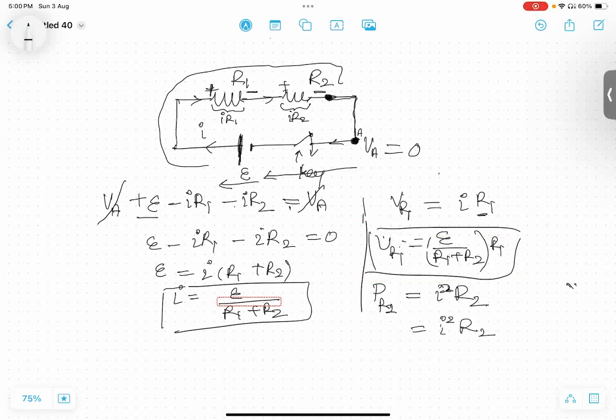I squared R2. What is I? I is E divided by R1 plus R2, whole squared, times R2. This is the power dissipated across R2. That's all. That's how we are going to apply Kirchhoff's law in a circuit with a single loop. Let's take one more example.